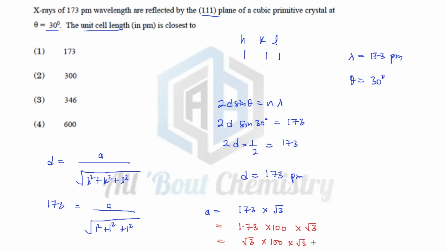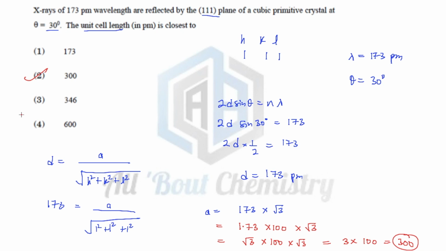Now this root 3 and this root 3 will get multiplied and it will become 3, and 100 is already here, so 3 into 100, the answer will come out to be 300. So the overall answer will be 300, so that is going to be your option number 2. That's how you can be a little bit smart enough to manipulate the mathematical calculations and get the exact answer quite easily without being laborious over there.